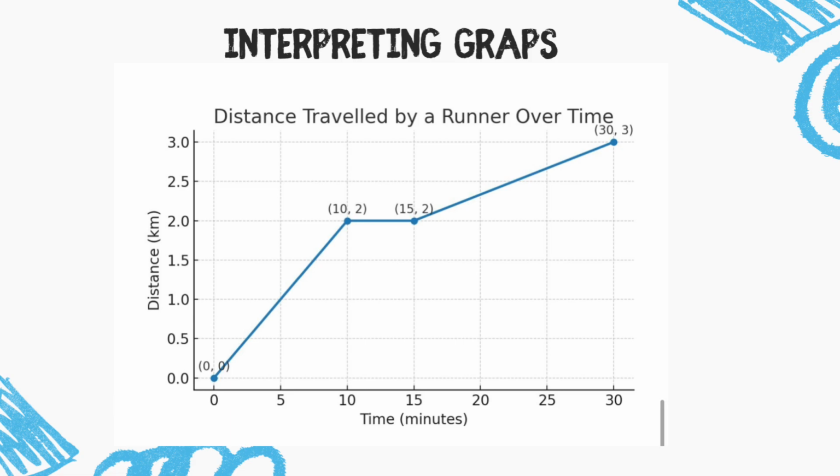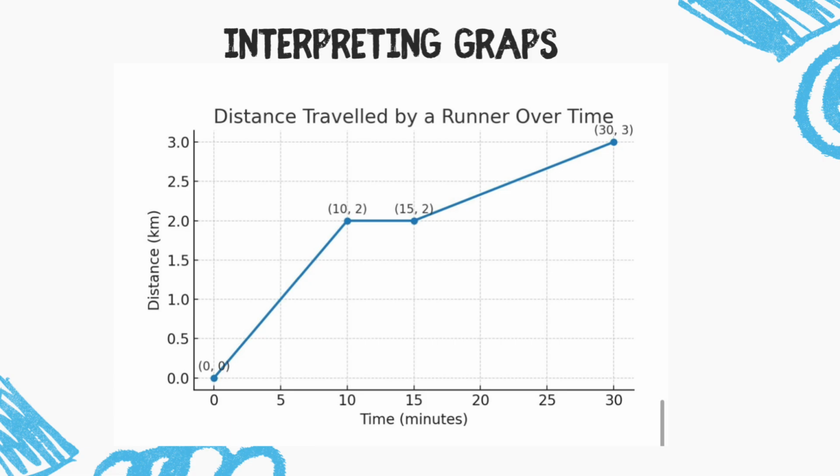This means the line is increasing, which shows us that the runner is running fast and covers a lot of distance. From minutes 10 to 15, the line is constant, which means it's flat. This indicates to us that the runner is resting. From minutes 15 to 30, the line is increasing again, but it is not increasing as steeply as from minutes 0 to 10.